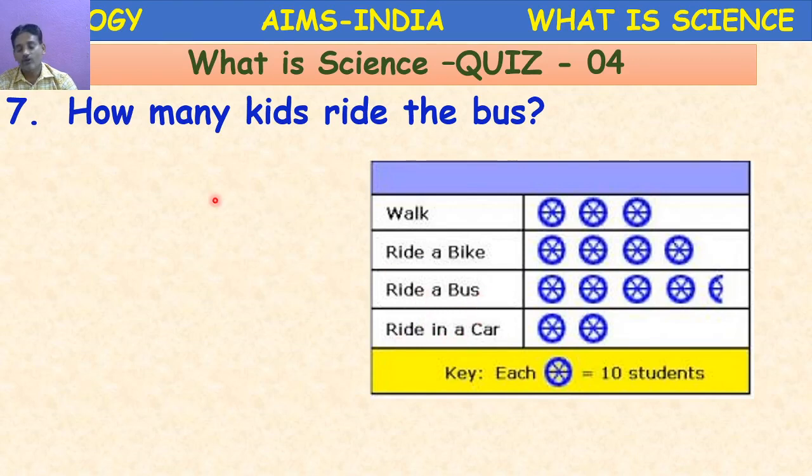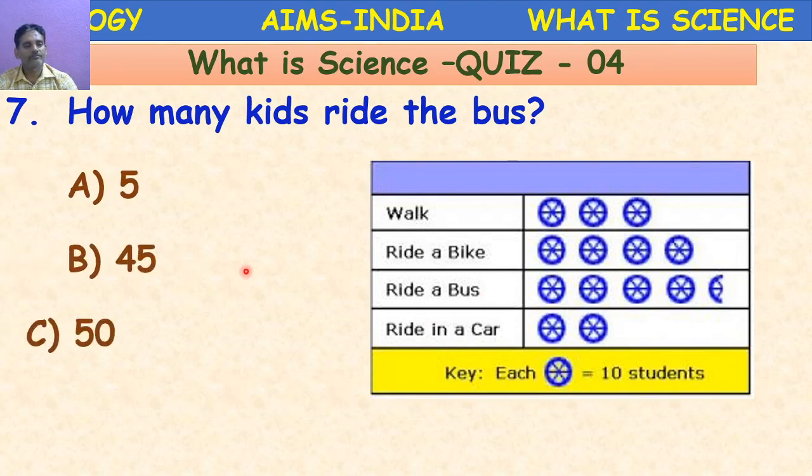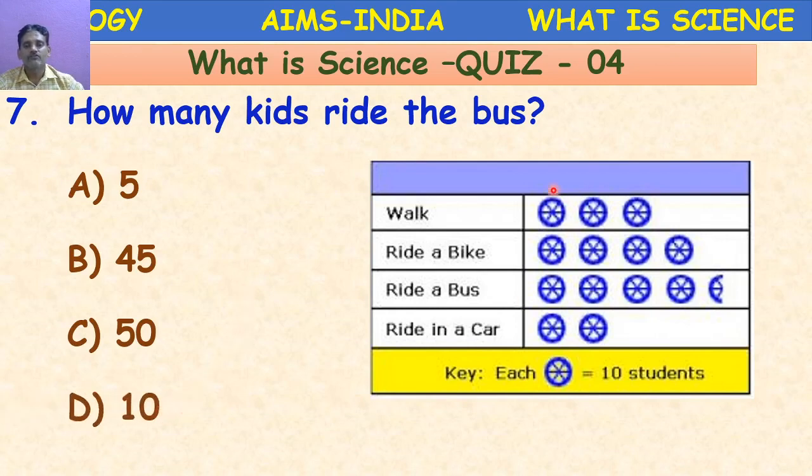A clue is also given in the yellow here. A 5, B 45, C 50, D 10. So here each circle represents 10 students. Each circle represents 10 students. How many kids ride the bus?